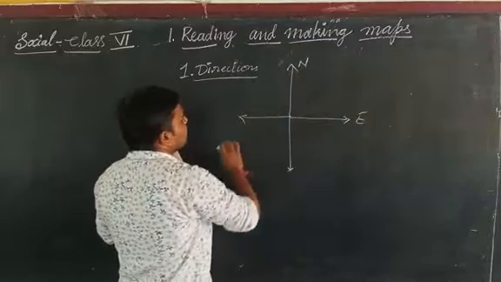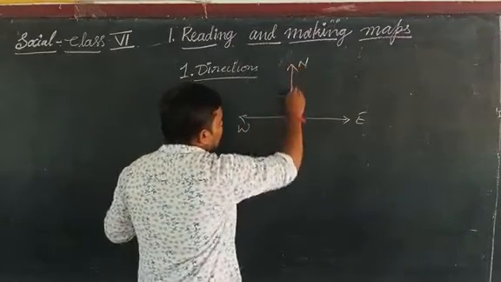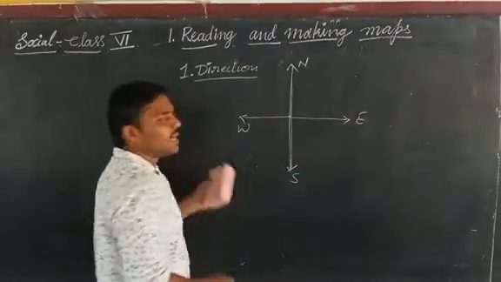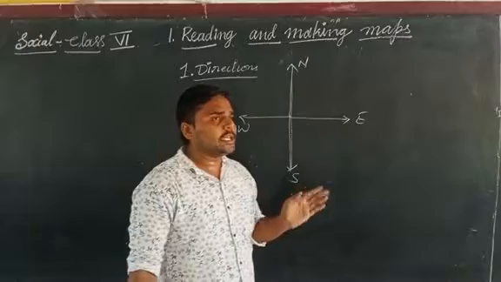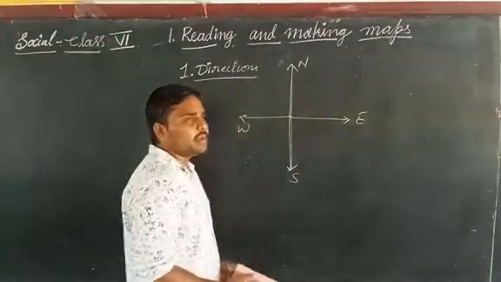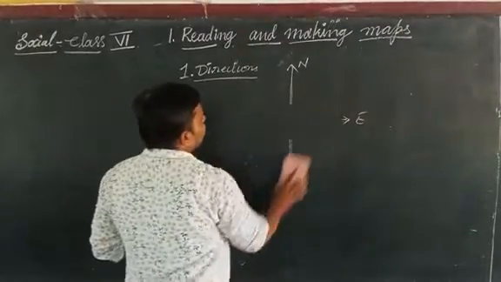The direction which is left to the north is west. The direction which is exactly opposite to the north is south. In this way, with the help of these methods, we can observe the different directions on the land.